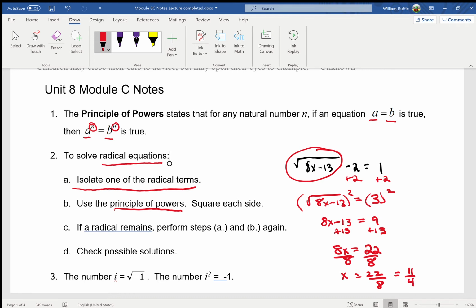Now I do have to check to see if this works. So I have to put this in the calculator. I'm going to do the square root of 8 times 11/4 minus 13.